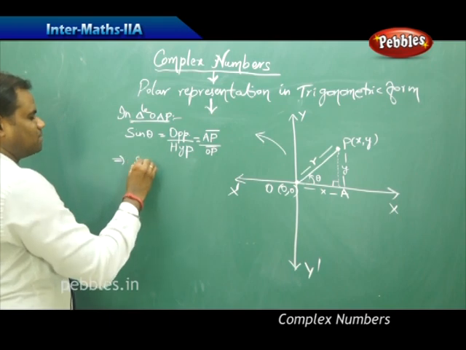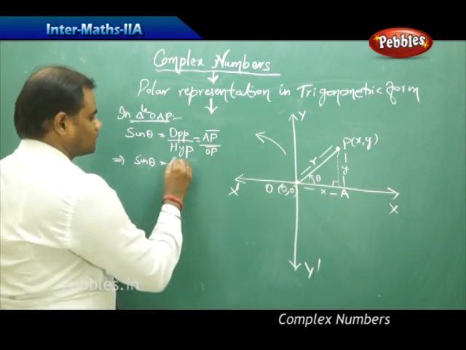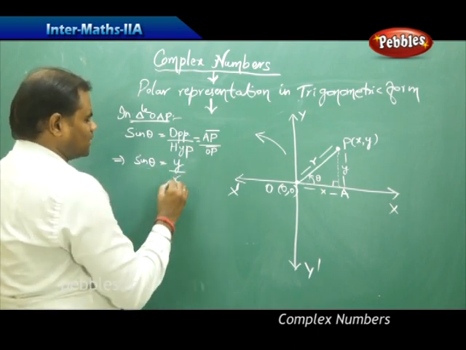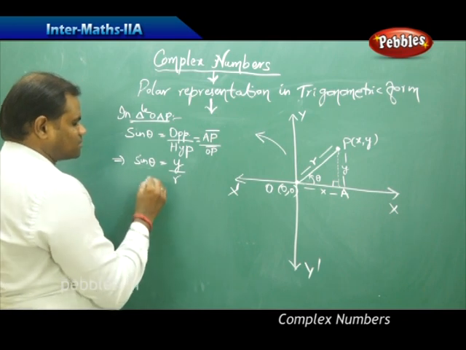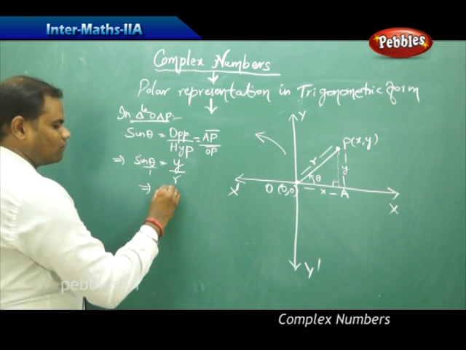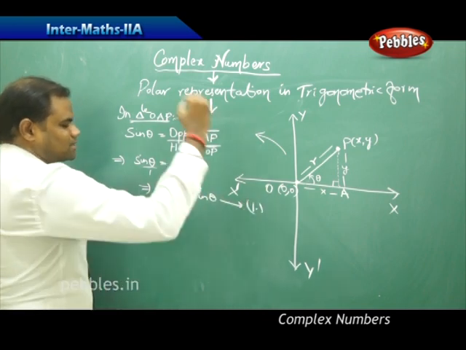That implies sin theta is AP, which is y, over OP, which is r. That implies when I cross multiply, I get y equals r sin theta, which I take as equation 1.